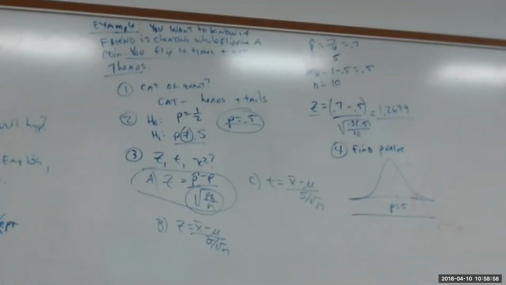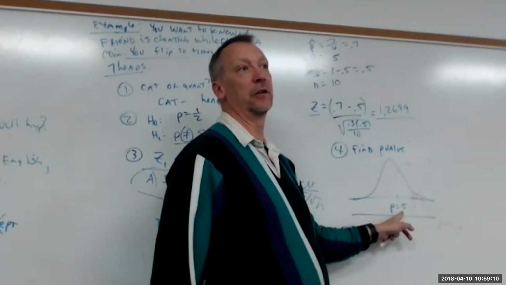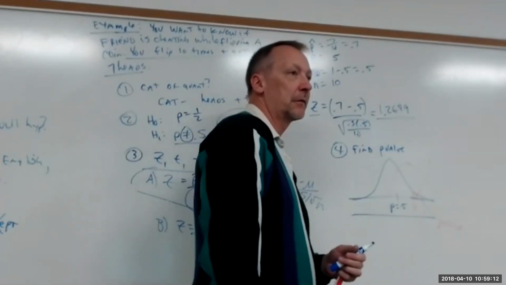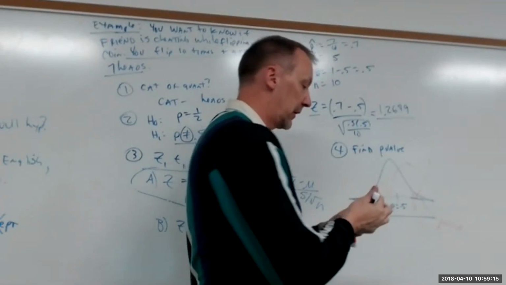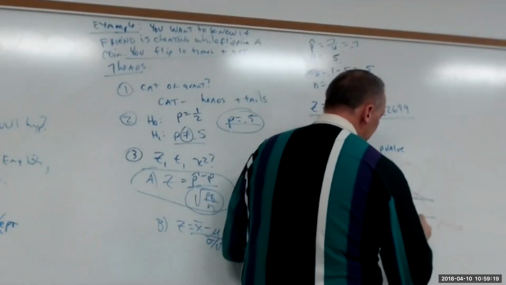Now normally I can't find that out without calculus, but if I convert it to a standard normal curve, I can do that. Now when I convert this to a standard normal curve, what is the mean now? 0, okay? So now I'm assuming that Z equals 0, right?